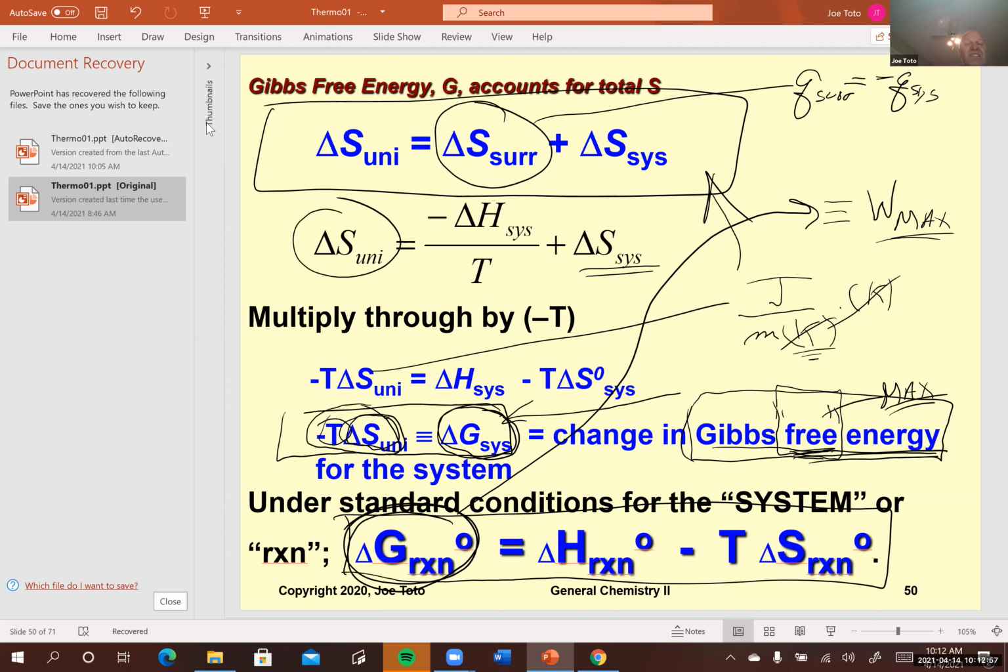But since there's always a loss, this is another reason why you can't have a perpetual motion machine. You try to reduce friction, you try to reduce heat loss and stuff like that, but you can't get rid of it totally. That's why it's a maximum amount, but you can never attain that maximum.